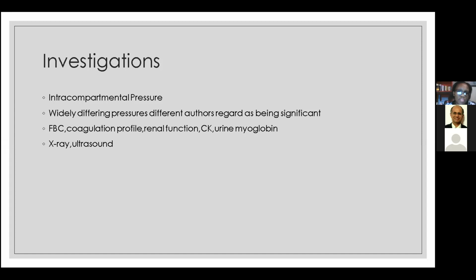So some investigations help with differential diagnosis, and some just help in managing the patients that come after trauma with compartment syndrome, and things like snake bite where you have to do a coagulation profile, etc. As well as even with the radiological investigations. If you are unsure, they help with differentiating the diagnosis.